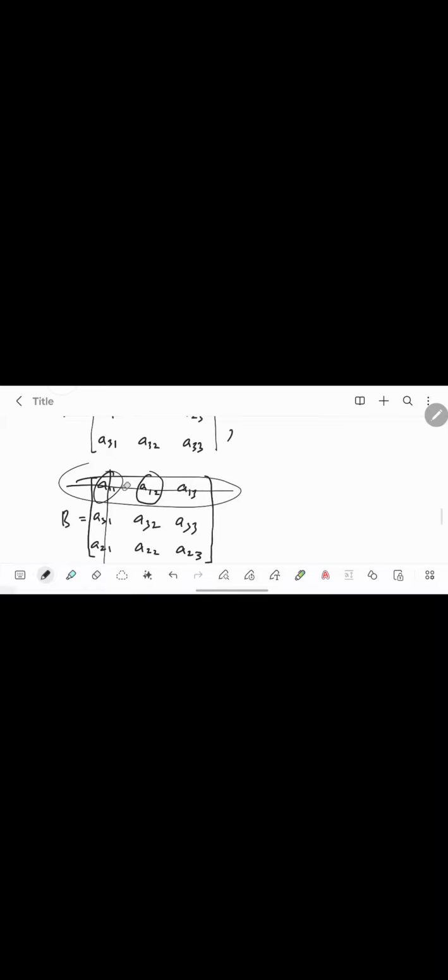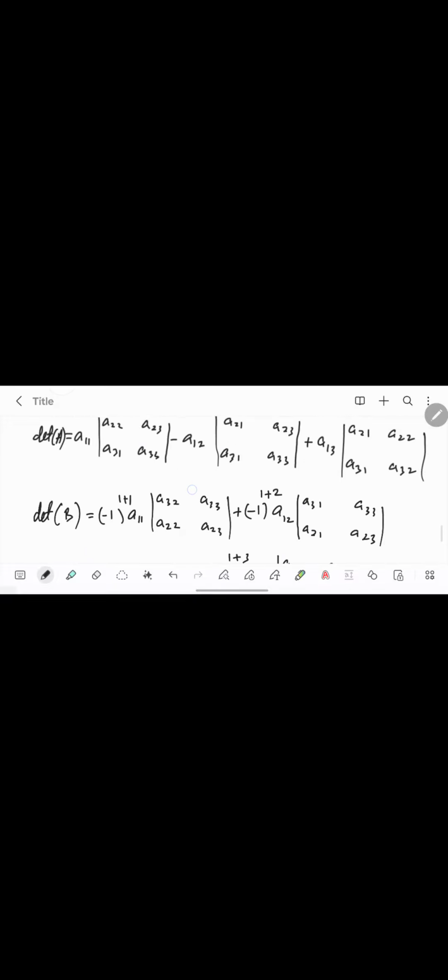Because if I skip this thing and this thing, A31, A33, then A21, A23. Plus minus 1 to the power 1 plus 3, A13 is A31, A32, A21, A22. Because if I skip these things, I will have only this determinant.